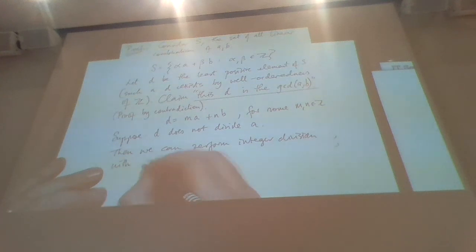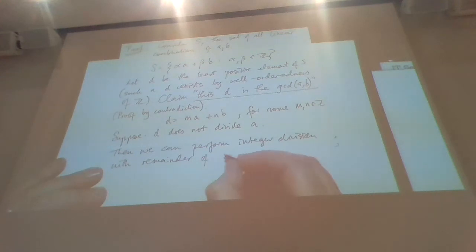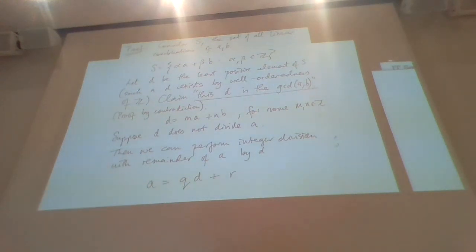This process which we just described, we can perform integer division with remainder of A by D. So A will be Q times D plus some remainder R.